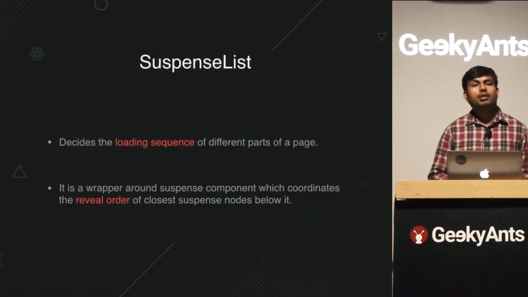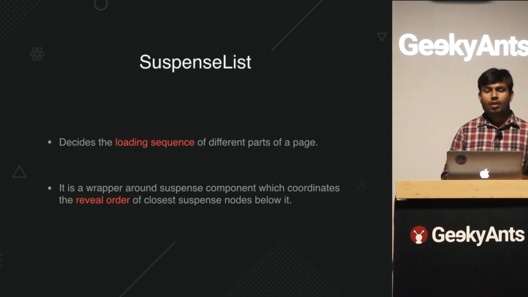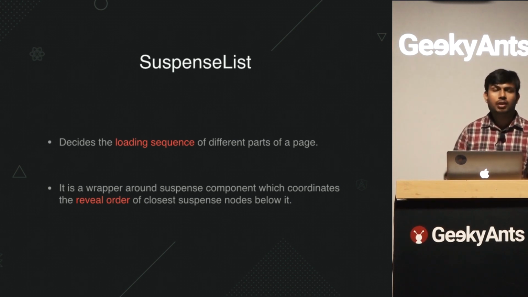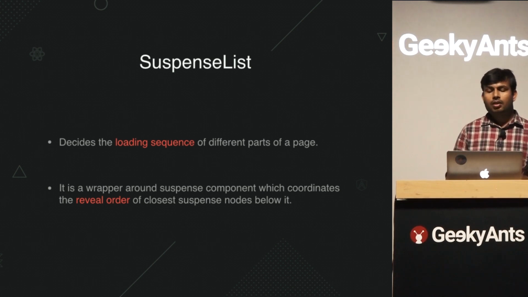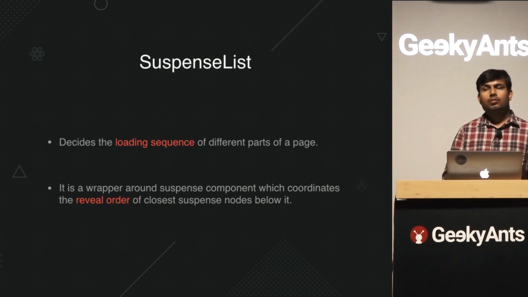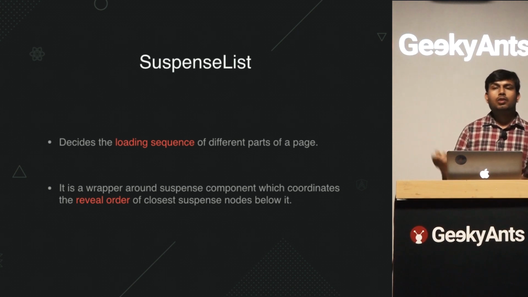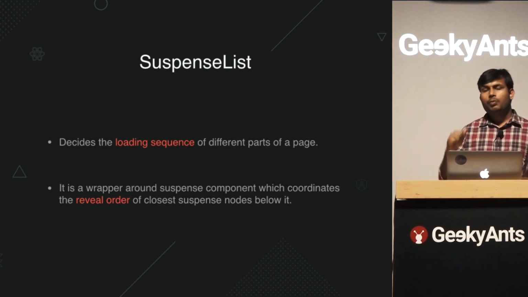React also provides a different component which is known as suspense list. It helps us in deciding the loading states of our app. It helps us in deciding loading sequence. So we can decide which data we want to load first, then which data in a proper sequence.